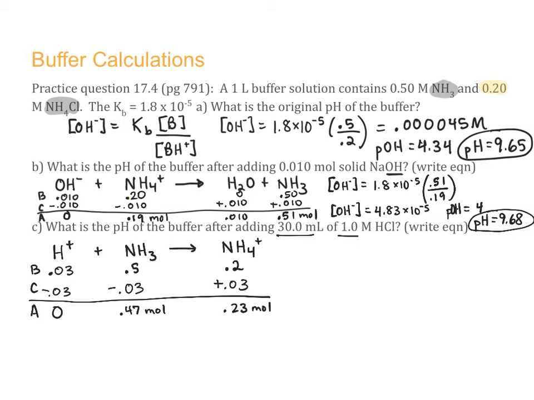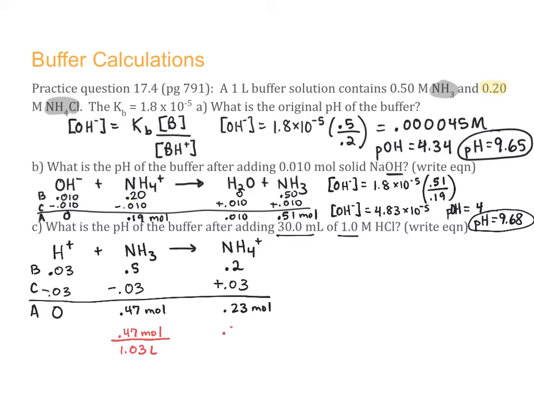Now this time, because the previous time we didn't have to worry about the volume changing because we added solid NaOH, this time the volume did change. We added a solution. So to figure out the concentration of these two things, we need to take into account the fact that the solution's volume is now 1 liter plus 30 milliliters, so it's 1.03 liters.